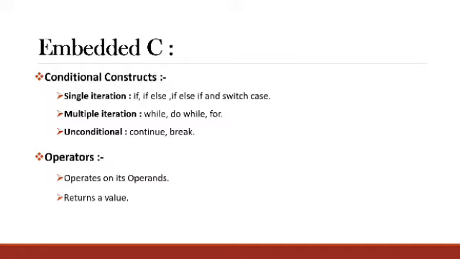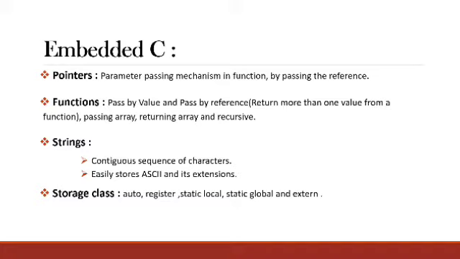Operators act on operands and return a value. Functions have parameter passing mechanisms: pass by value and pass by reference. For example, returning more than one value from a function, passing arrays, returning arrays, and recursion.